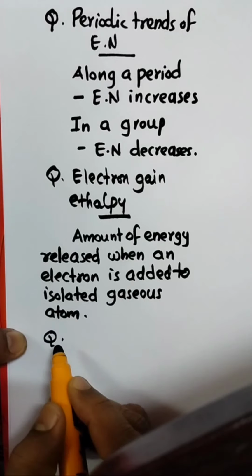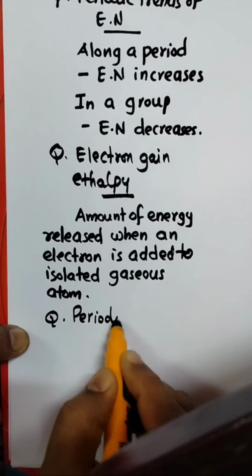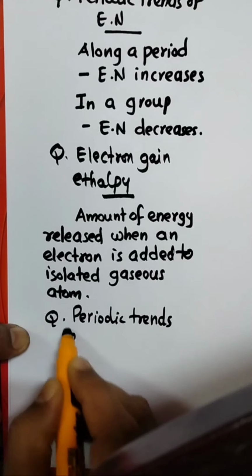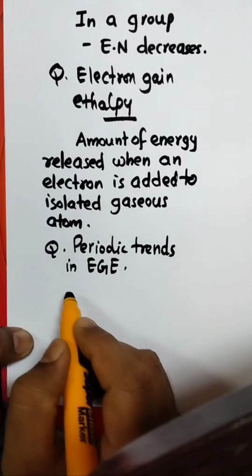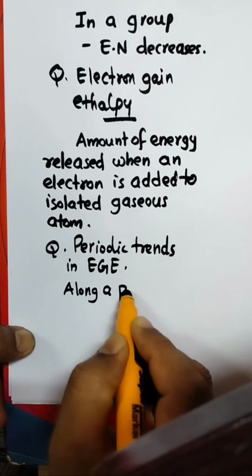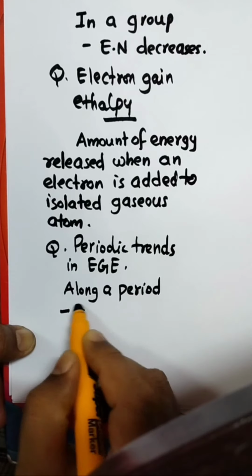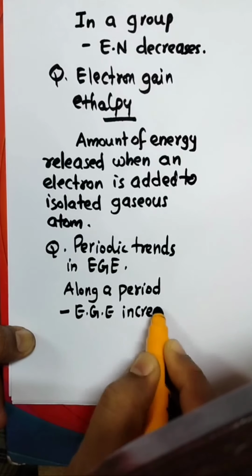Next question. Periodic trends in electron gain enthalpy. Along a period from left to right, electron gain enthalpy increases.